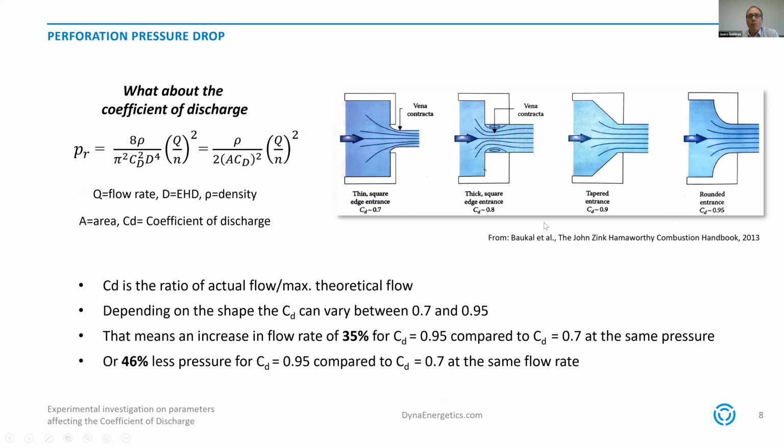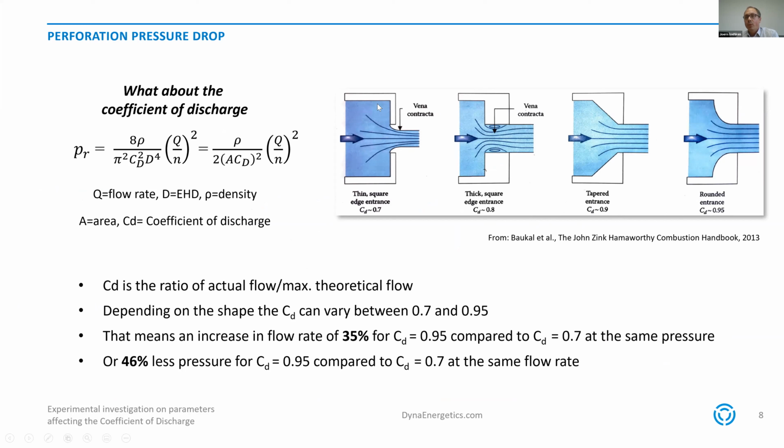But what about the coefficient of discharge? As I've explained, the coefficient of discharge is actually of a similar importance as the surface area of a perforation. This coefficient of discharge is a measure for the effectiveness of your flow. So actually, it's the ratio of your actual flow to the maximum theoretical flow. This can be illustrated on this small picture here.